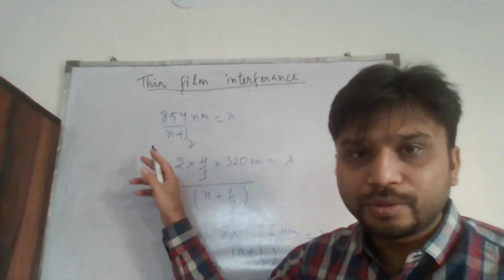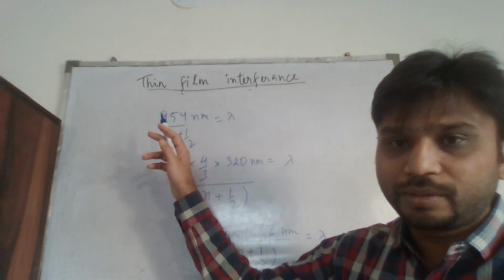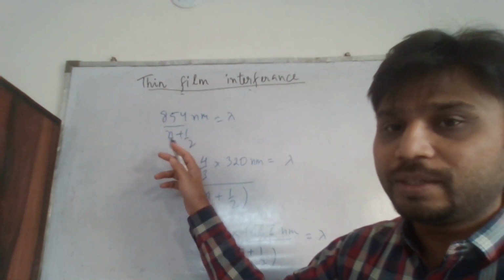If we put n equal to 0, this is definitely more than 1000. If we put n equal to 1, let's see what happens.